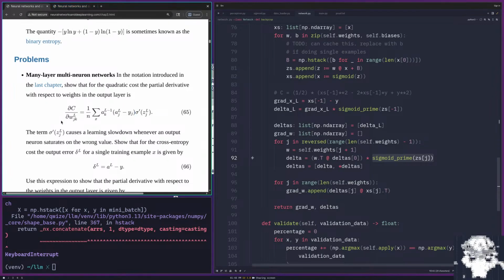The term sigmoid prime of z^L causes a learning slowdown whenever an output neuron saturates on the wrong value. Show that for the cross entropy cost, the output error delta^L for a single training example x is given by delta equals activation minus y.